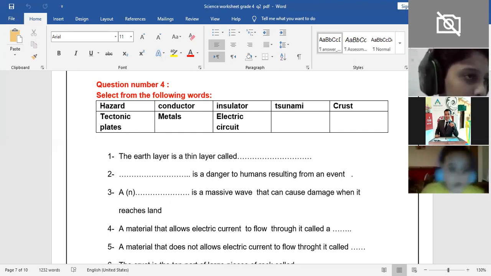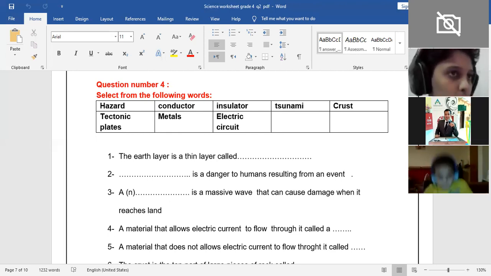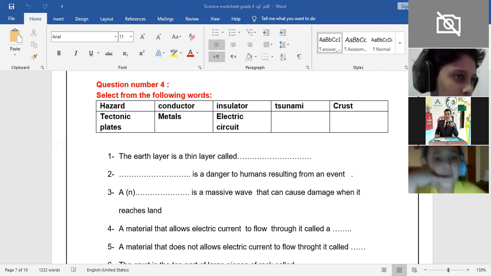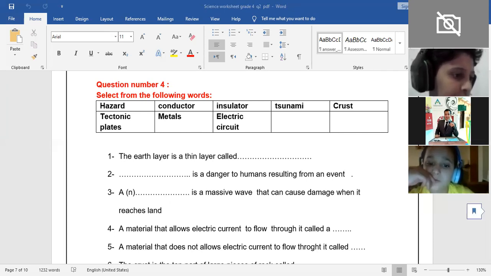The earth layer is a thin layer that... Wait, please. Crust. This is for Grade 4, crust, not you. Ah, crust, you are excellent. Okay, Grade 5. Ahmed Hussam, yes, number one.